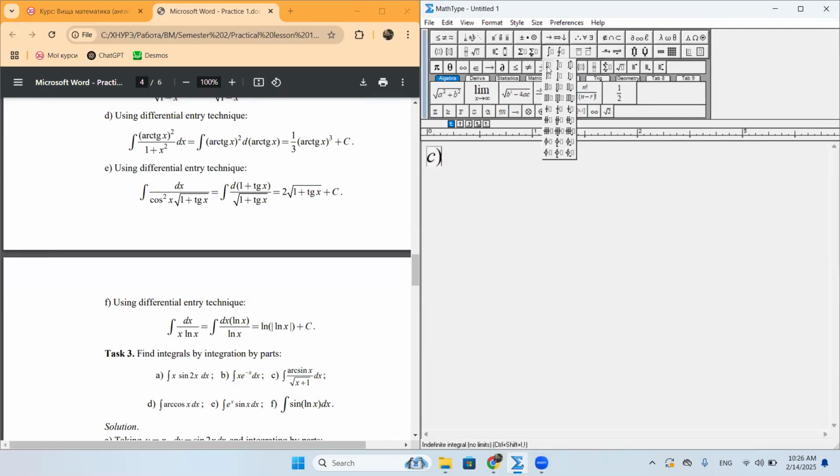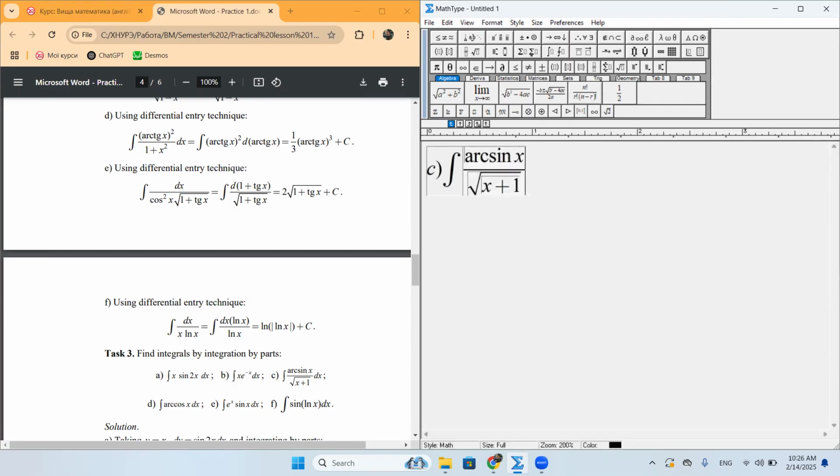So the next integral, arcsine of x divided by the square root of x plus 1. Yeah, so that's not actually a polynomial, it's an irrational function in the denominator, but if we use integration by parts, it will be easier. So the expression will be simplified.